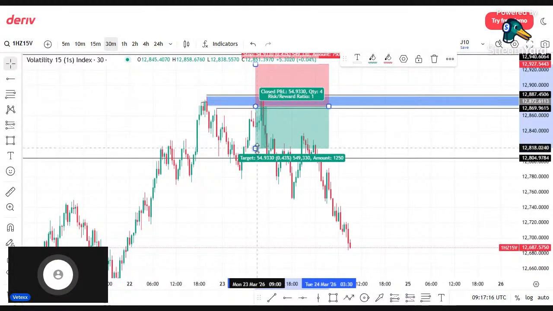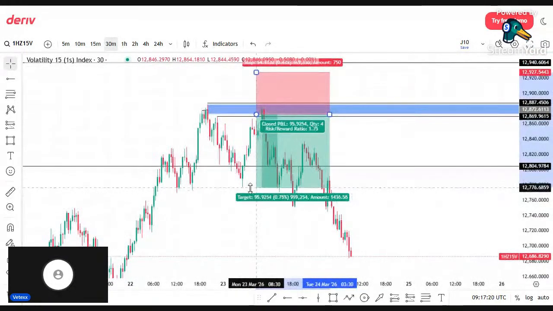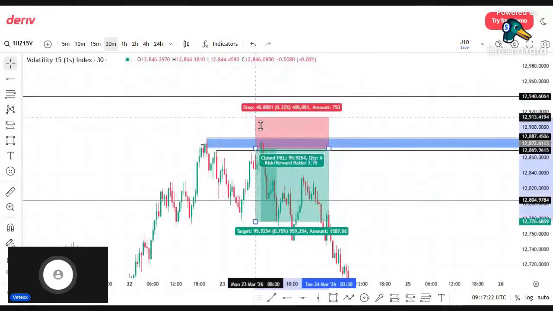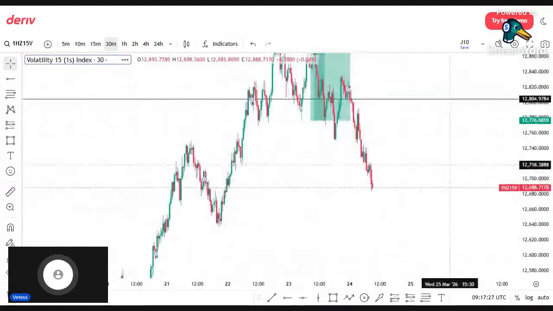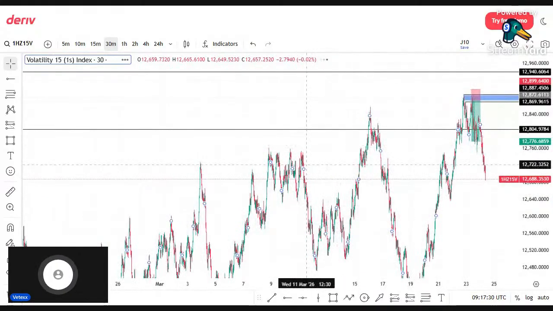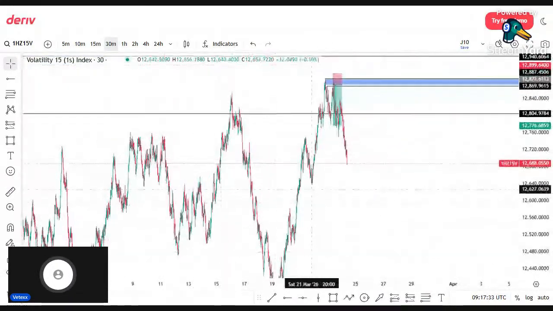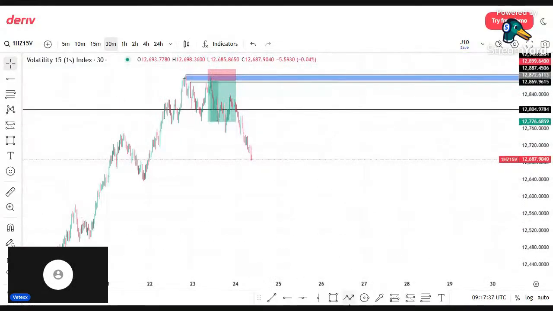So this was our take profit level, and then price smashed it, and it's also still moving to the downside. So there's a higher chance that price is moving from this zone and the target is below here. So what we'll be anticipating right now is this move.